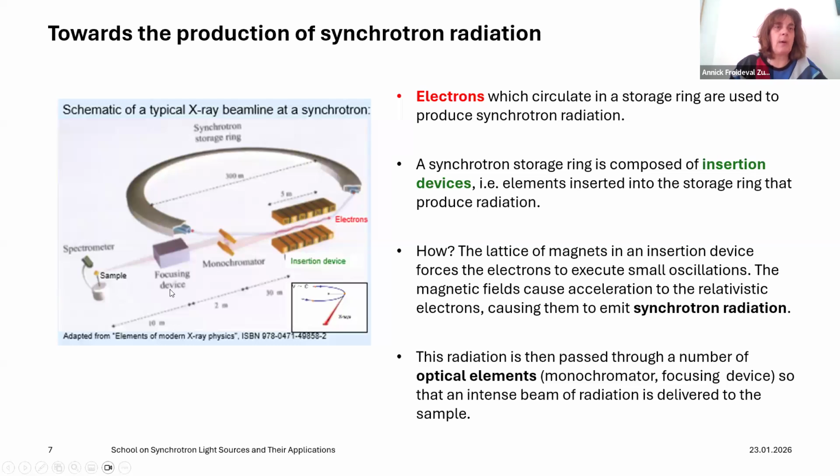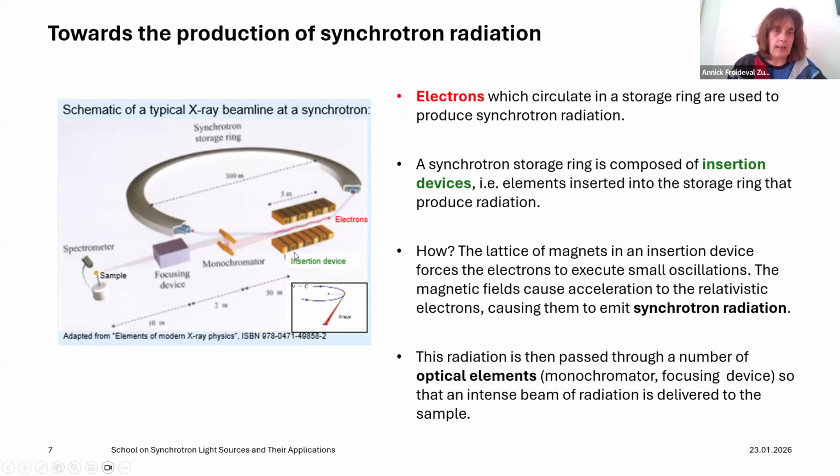Here on this map, you have a representation of many different components that are very important inside the synchrotron that help the synchrotron radiation to be produced and to be used. First, you see in red the electrons which are circulating in the storage ring and which are used to produce the synchrotron radiation.